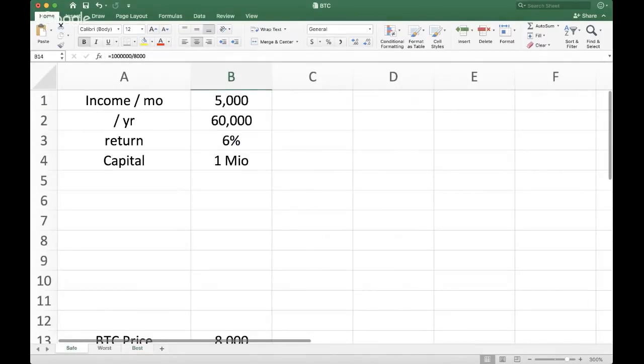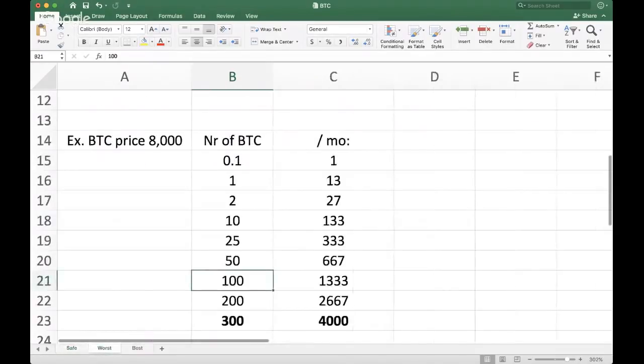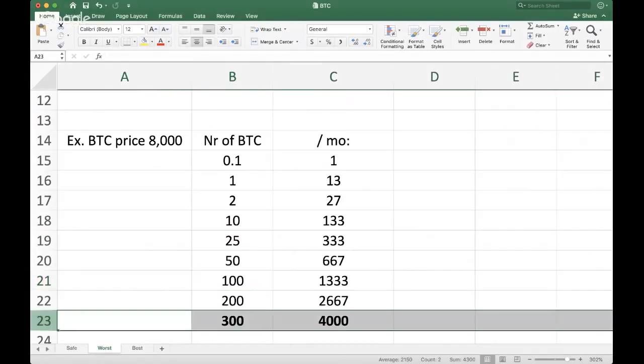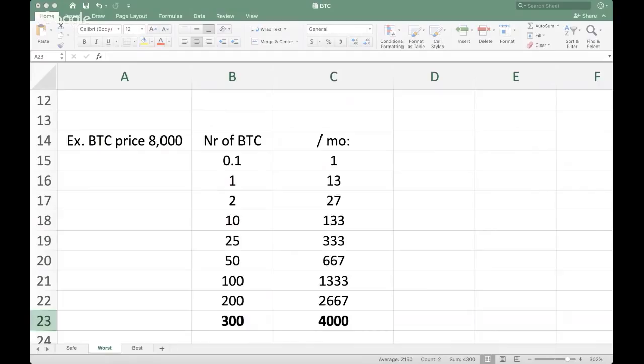In this case, if you are a millionaire and you don't believe in crypto, then you should definitely have some ways. And if you are the super pessimistic person, then you would be talking about 300 Bitcoins that you would need. Obviously, that's a lot more than 2.4 million at current prices. That is my calculation here.